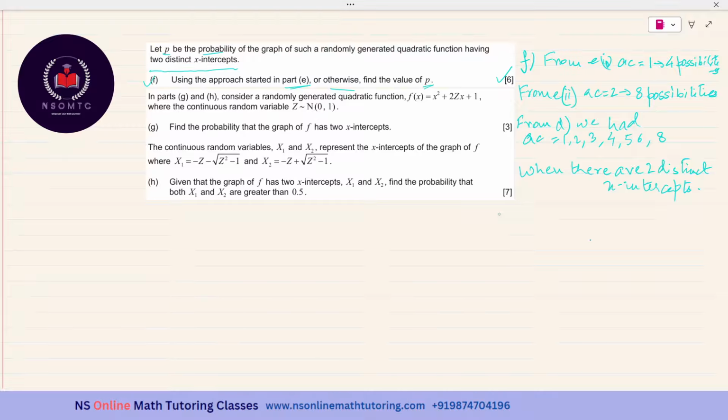Fine. So now we have got AC equal to 1 and AC equal to 2. We have to find 3, 4, 5, 6 and 8.